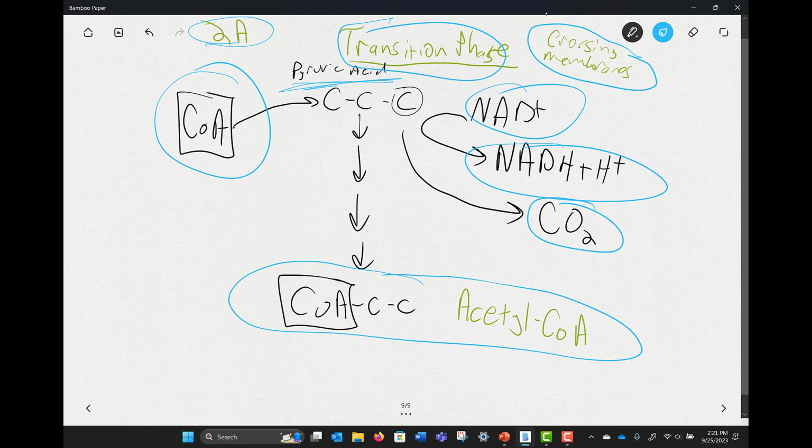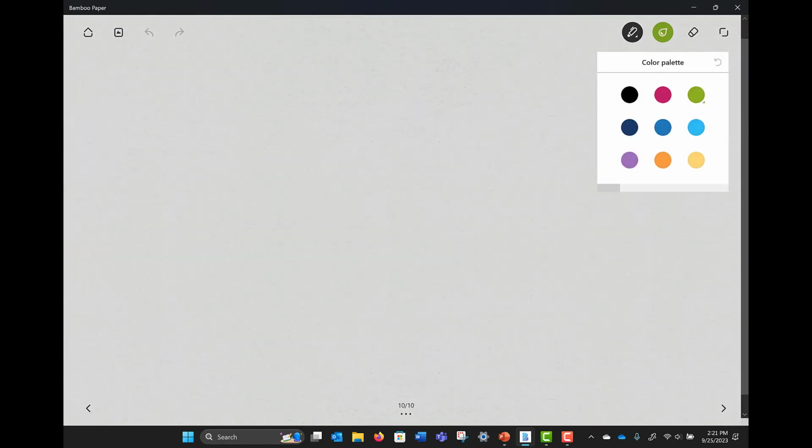Once we get to acetyl CoA, now we're going to enter the mitochondrial matrix and step 2B, called either the citric acid cycle or Krebs cycle.